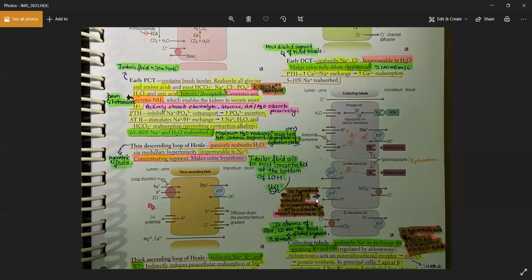outflux of hydrogen. These pumps are dependent upon the concentration of potassium in your body. I told you, regardless of the concentration of potassium, you will have a maximum reabsorption in the PCT, right? But the absorption of potassium through these channels is dependent upon the concentration of potassium in my body. If I have a hyperkalemic state, then these pumps get inactivated.